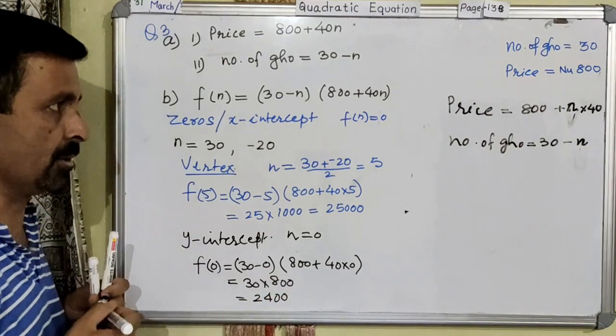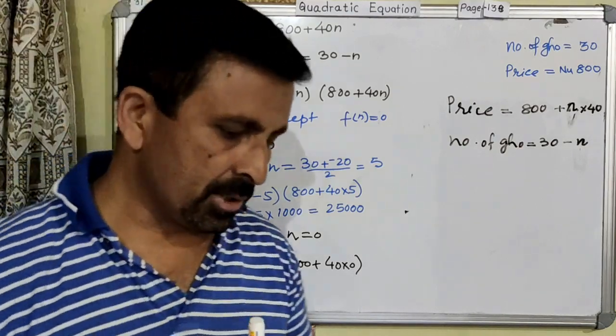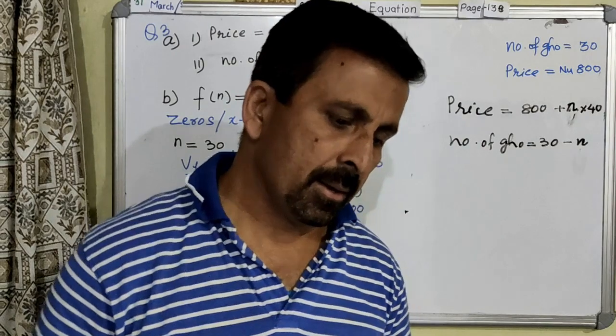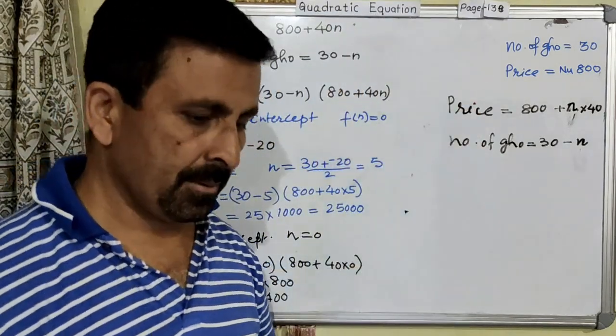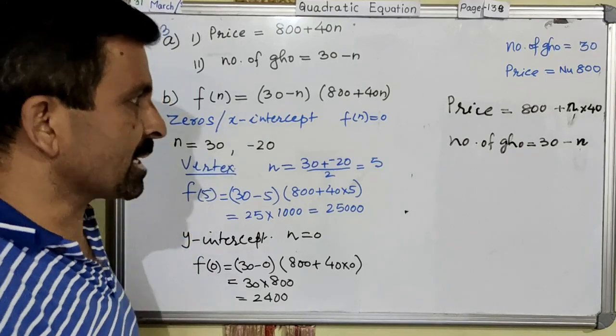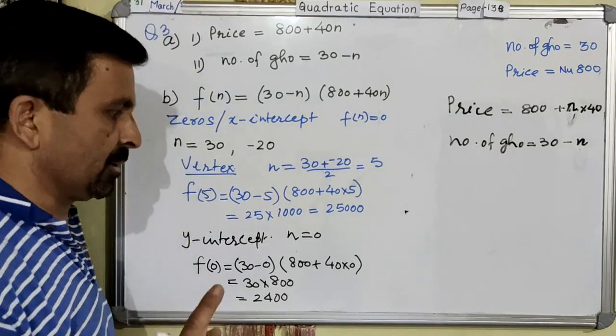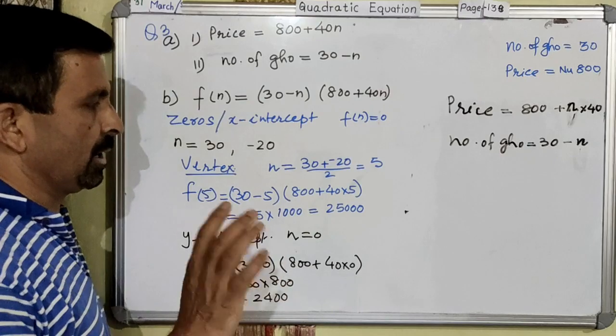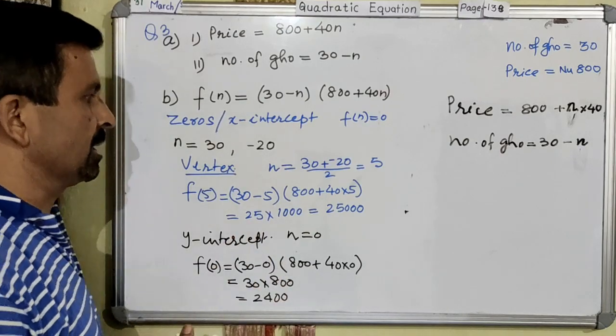Now we are done with all the calculation. After all these calculations are done, now we will plot the graph, right? This graphing part I will request you to do, because we have already done so many graphing questions.